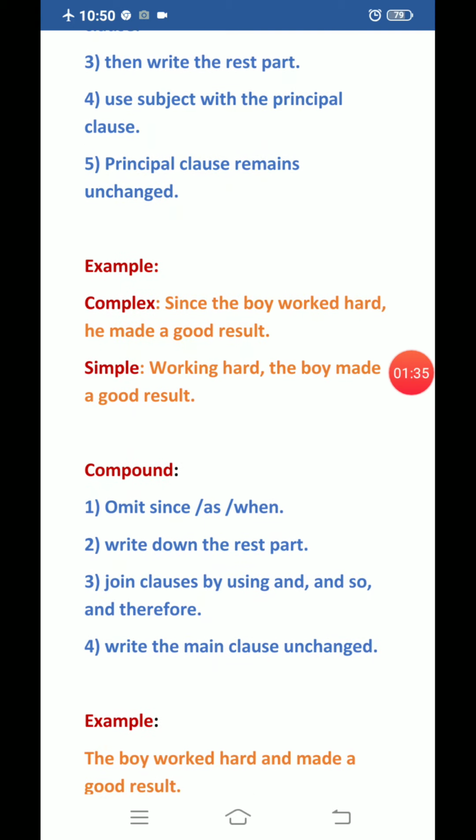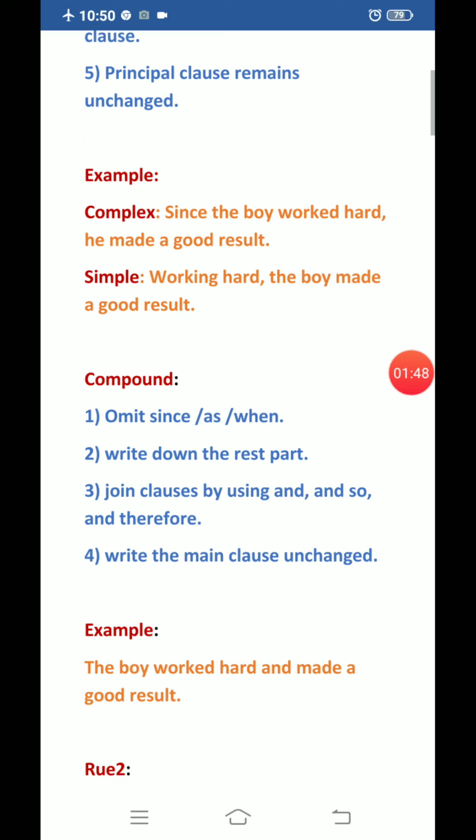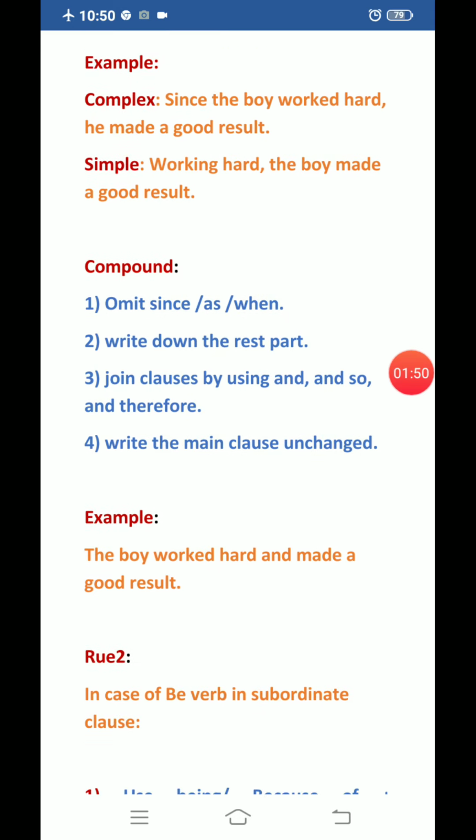Example: since the boy worked hard, he made a good result. Simple sentence: working hard, the boy made a good result. Compound sentence rules are: number 1, omit since, as, when. Number 2, write down the rest of the part.